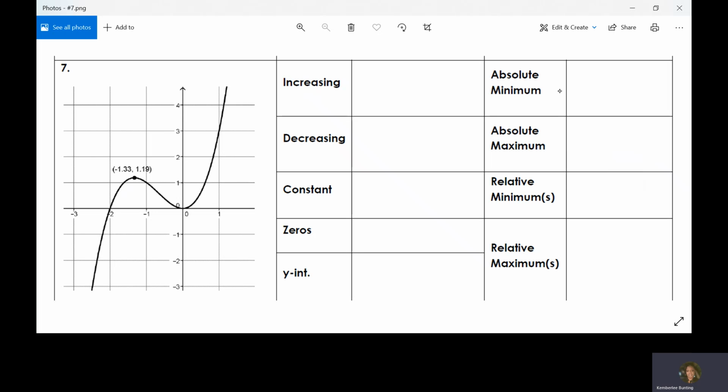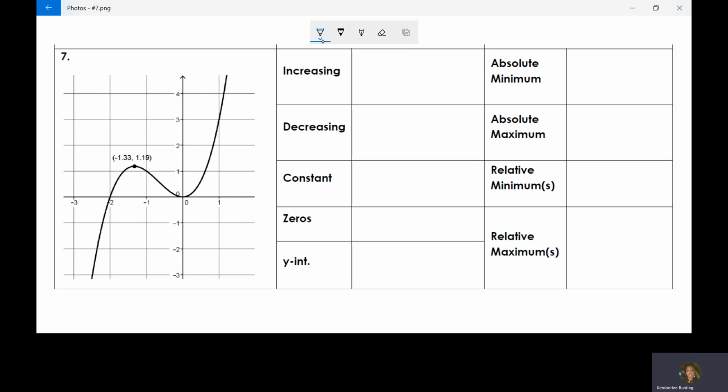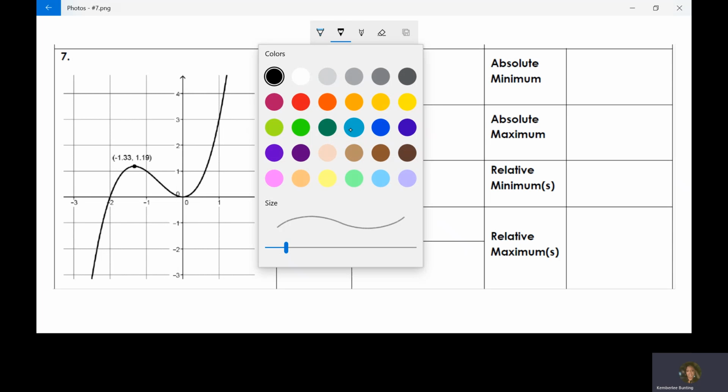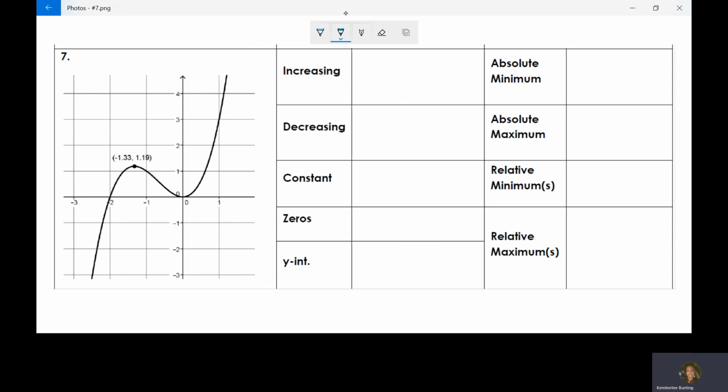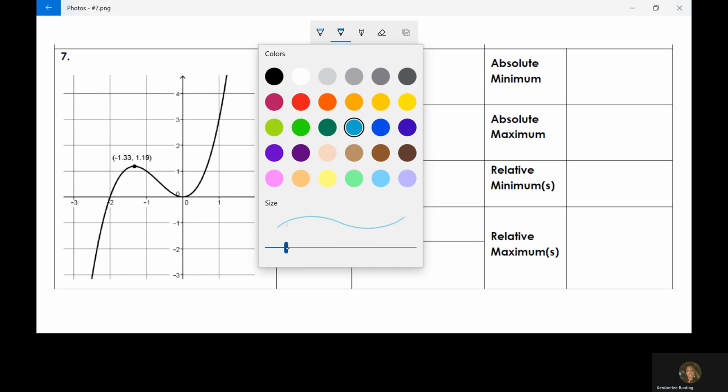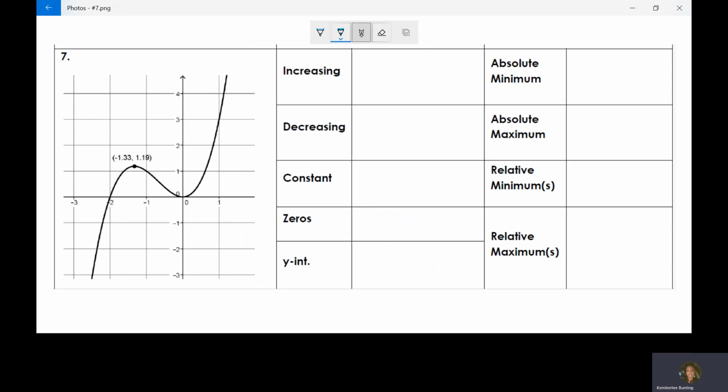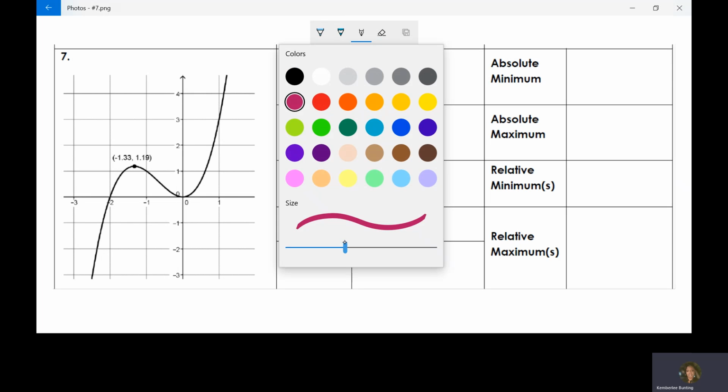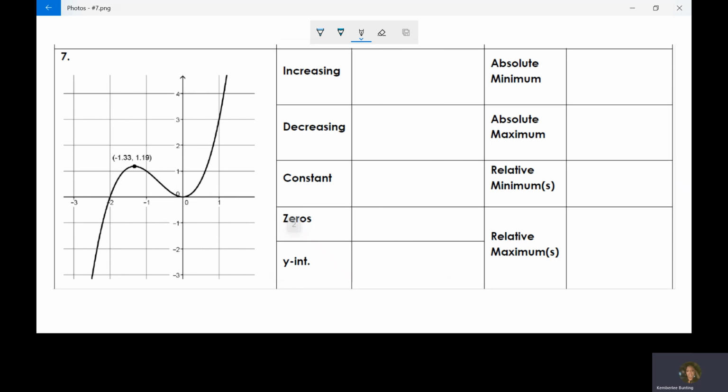Hold on, let me get the draw. Set up my pens, highlighters, and things. Let's write this one. Oh, that is not what I want. All right, there we go.